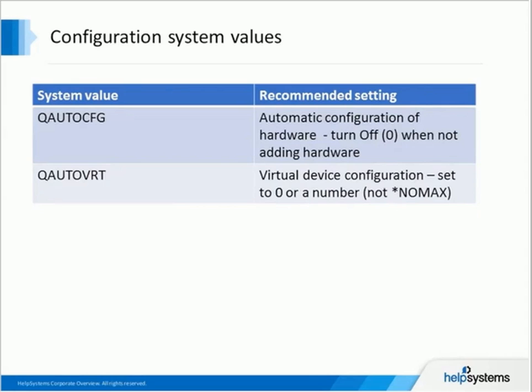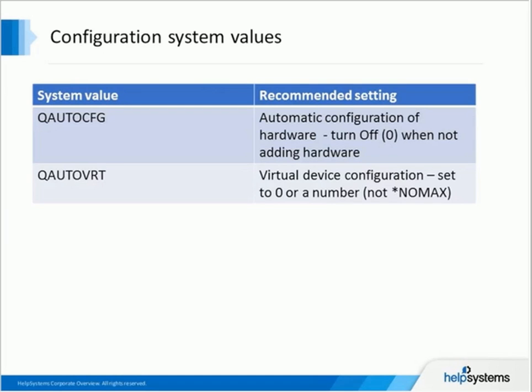Okay. The next set of system values are configuration system values. The first one is auto-config, and that only pertains to hardware devices. That used to be for those hardwired devices, but those hardware devices have really gone by the wayside now, and so that's controlled by auto-config for virtual devices. That's where you get those QPADEV devices.